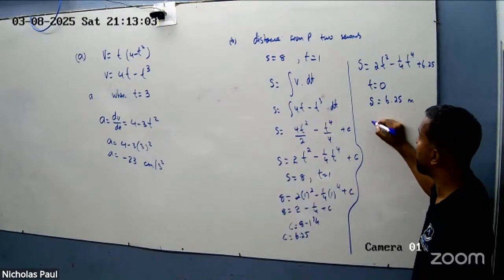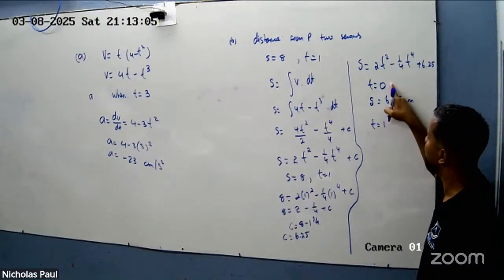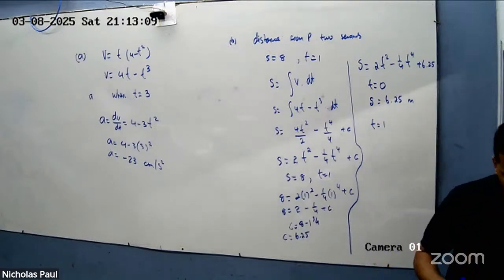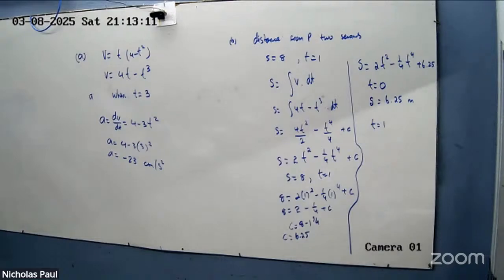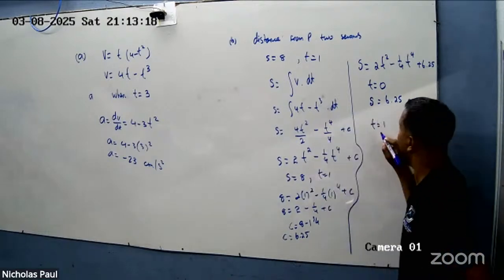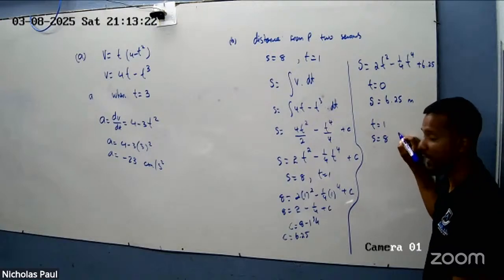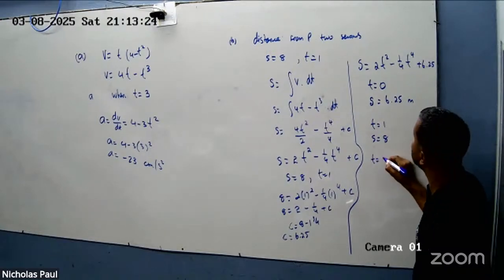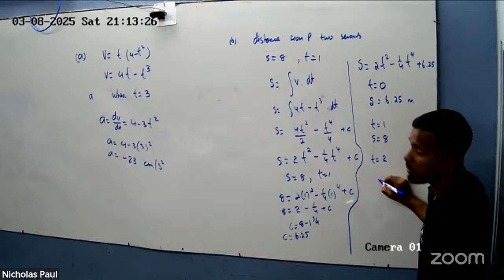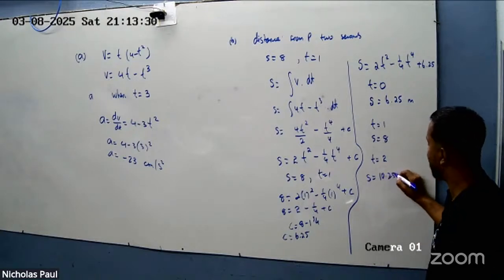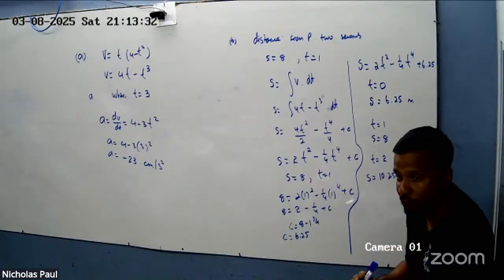So when t is 0, it behaves like that. When t is 1, we got S is 8, so everything looks okay so far. And when t is 2, we got S is 10.25. What does the question ask for?